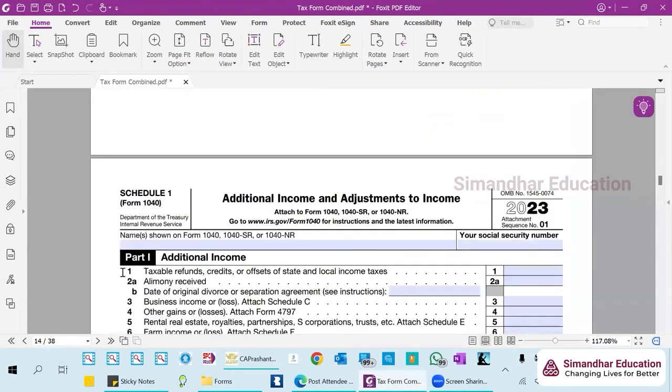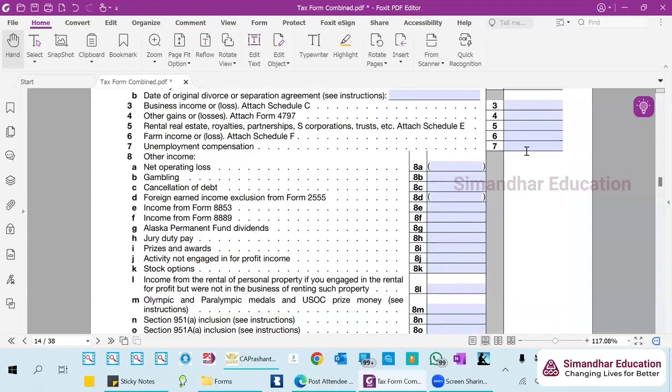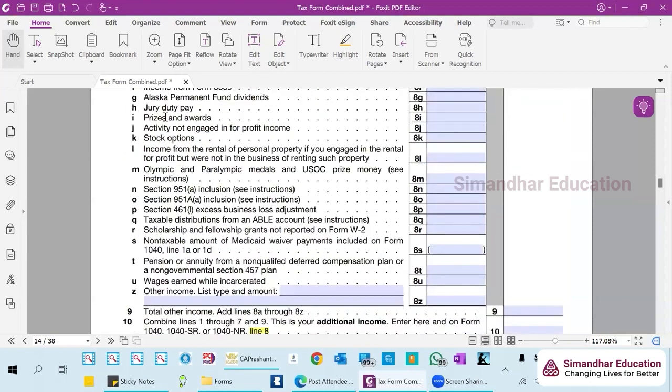Say for example, let's say my unemployment comp is $100, my rental income is $50, and my jury duty pay is another $50. Just assume things.